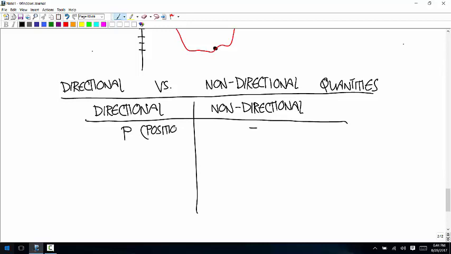But there's a quantity related to position called displacement. I'll call that d, lowercase d. I'll define that in a second. This idea of displacement is going to be useful in physics. And instead of displacement, we tend to talk about distance. Distance has no direction associated with it.